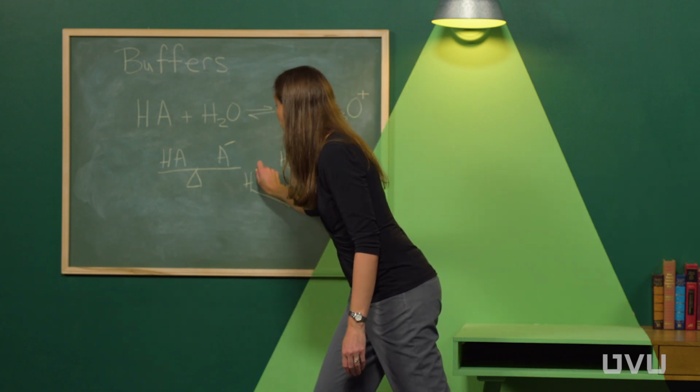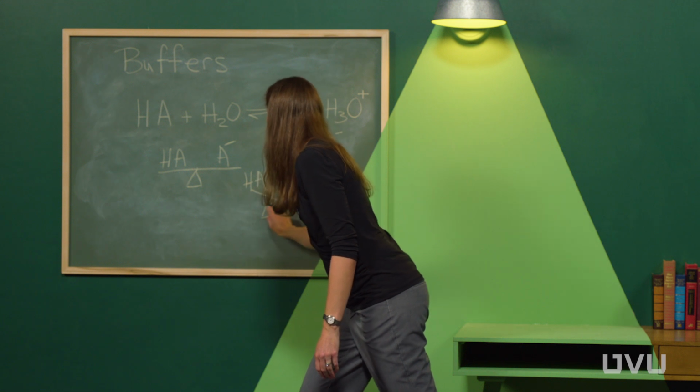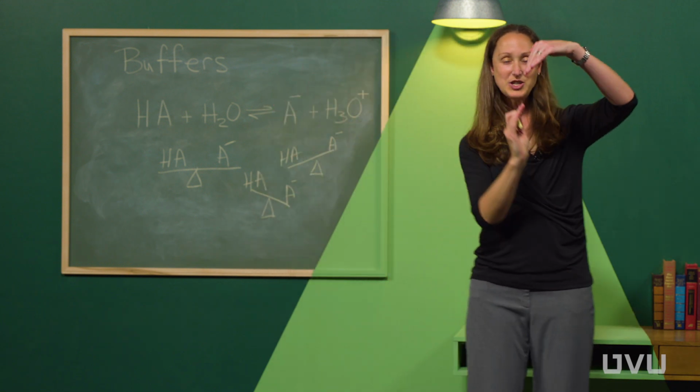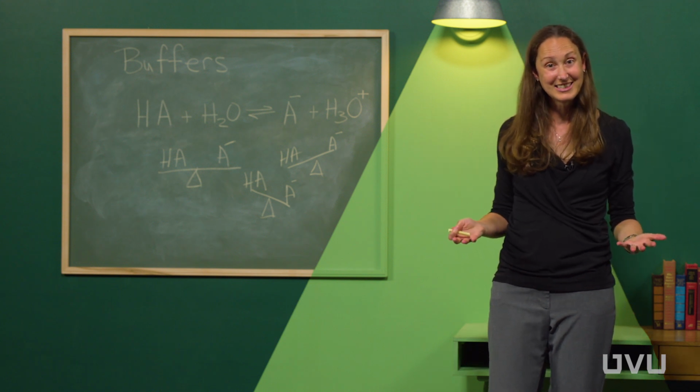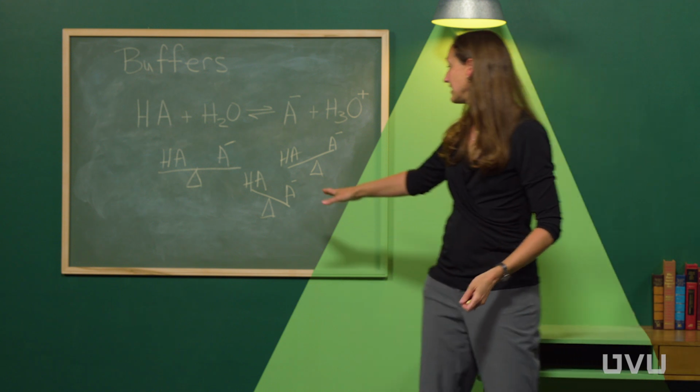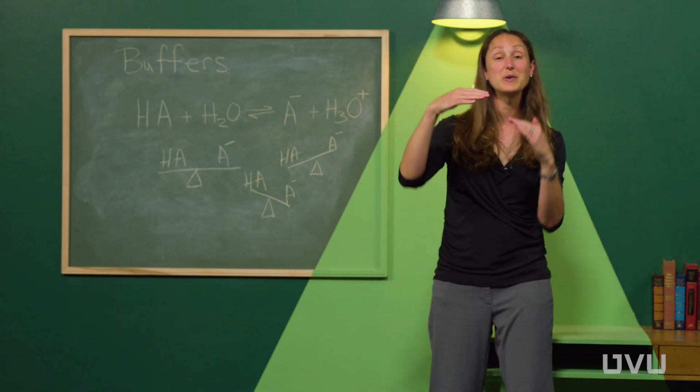Now I've shifted my ratio of A- and HA, where I've made more A-. Then this system is out of whack and it will start to re-equilibrate as well. And so my buffer can keep resisting that pH change by sacrificing part of itself, consuming part of the conjugate base or conjugate acid to make the other, and then re-equilibrate.